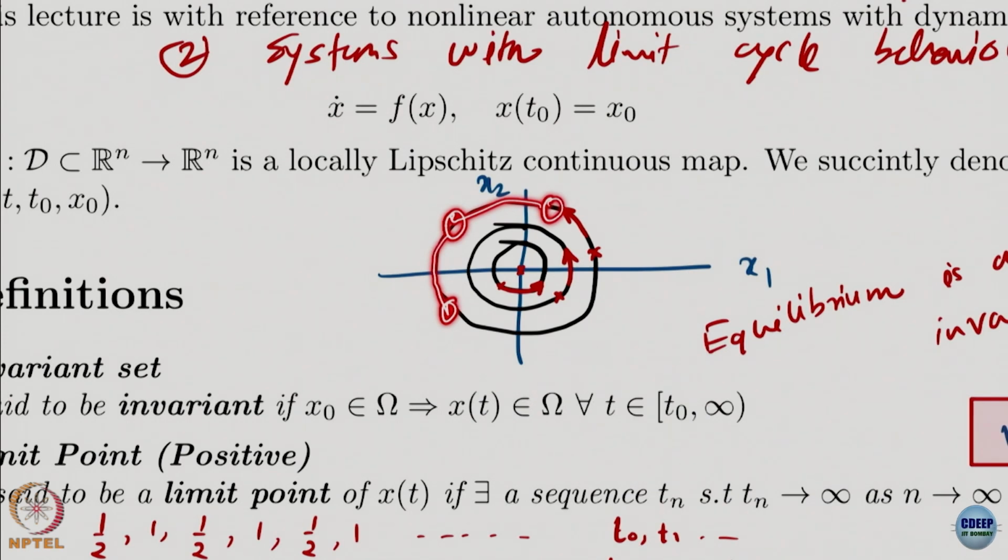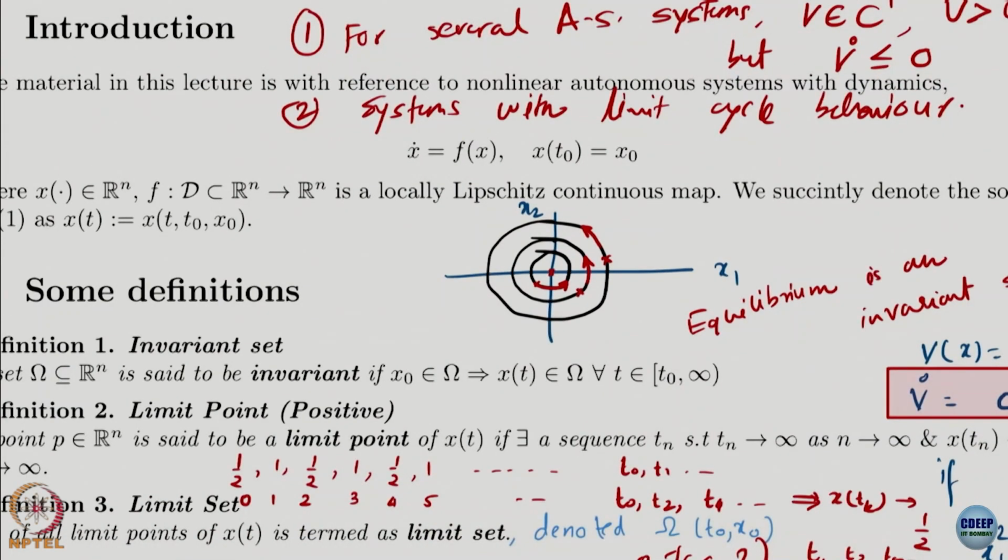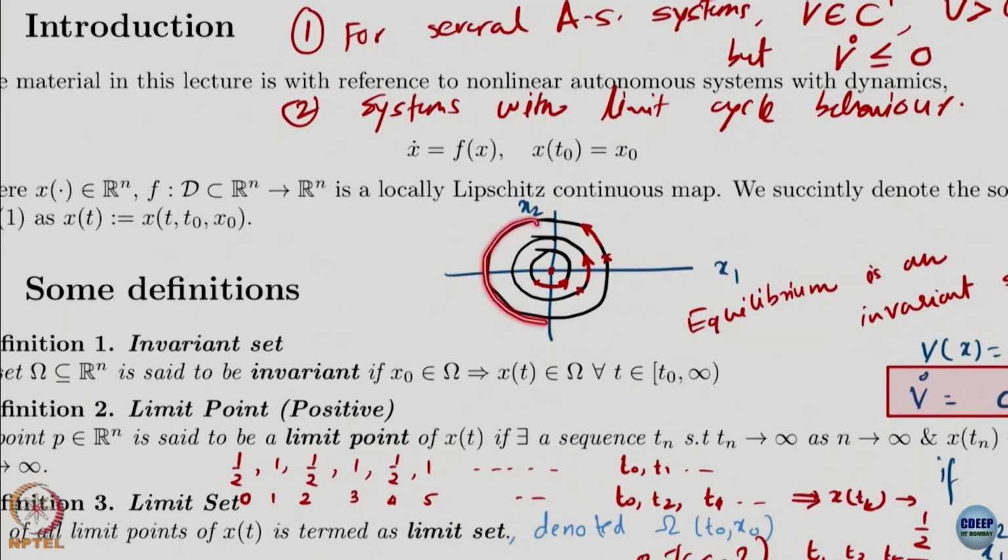This is where you will need the subsequence idea. So this is a little bit complicated. It is easier to see in the van der Pol oscillator type examples, but when you have these continuous limit sets, things are not that easy to visualize is what I am saying.